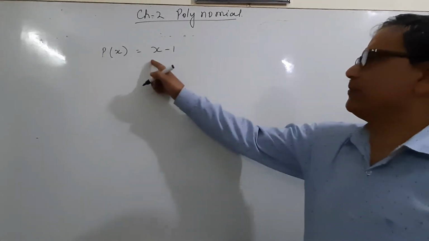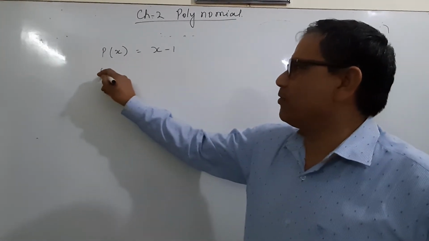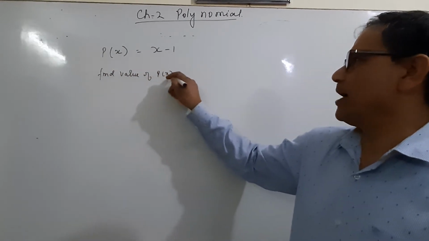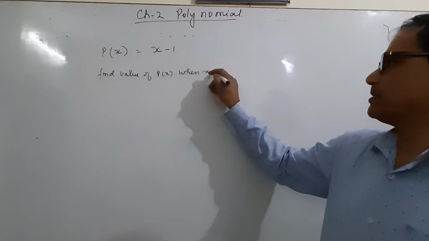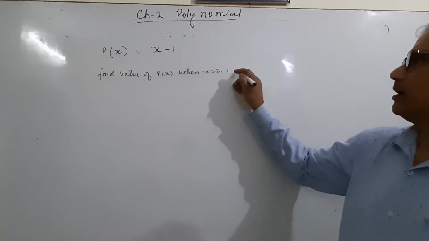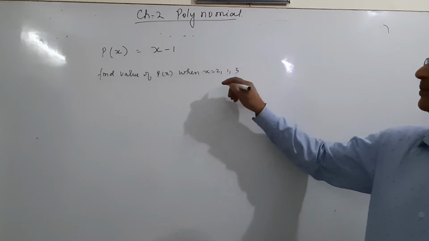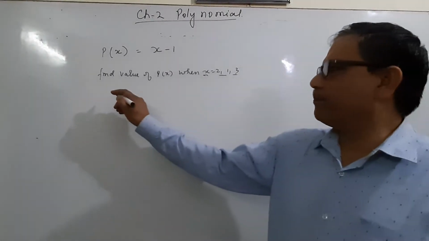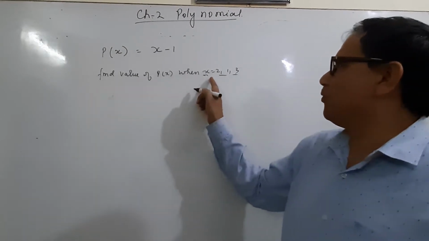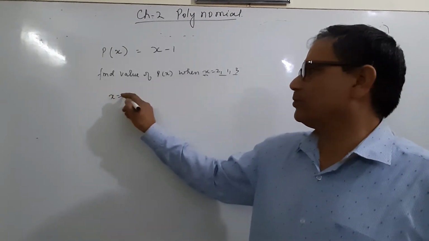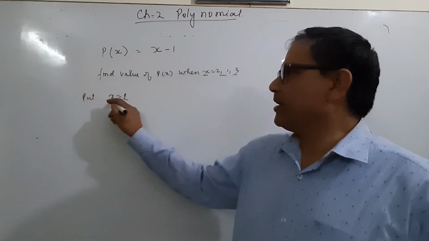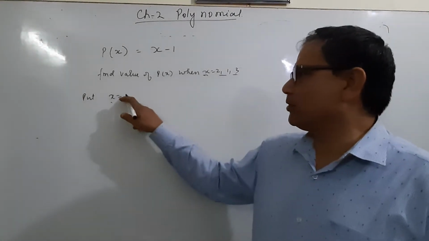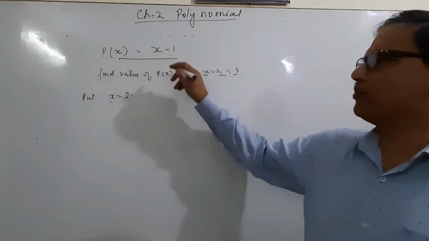P is the polynomial with variable x, and now find the value of P(x) when x equals 2, x equals 1, x equals 3. Put first x equal to 2. It means I have to put the value of x, which is 2, in the polynomial.